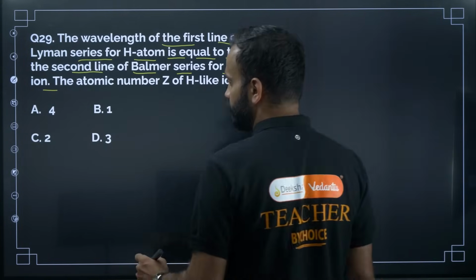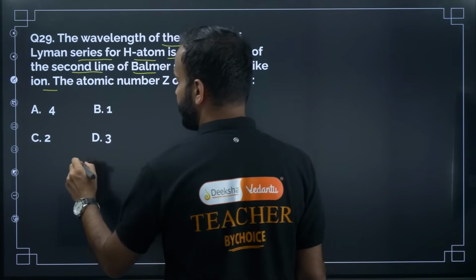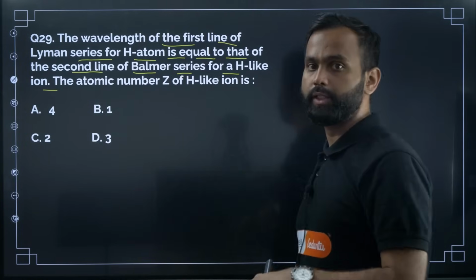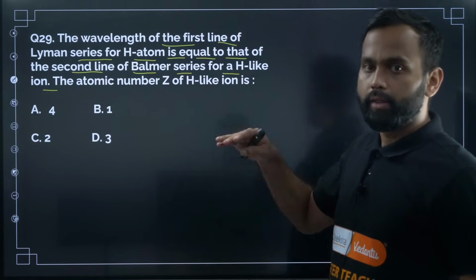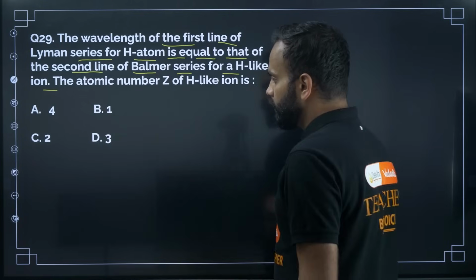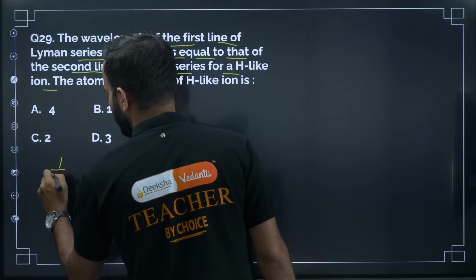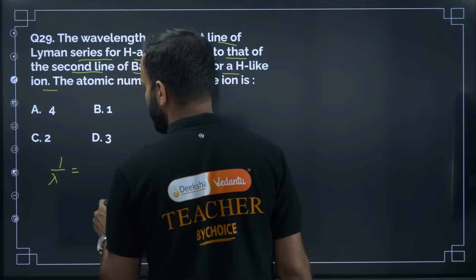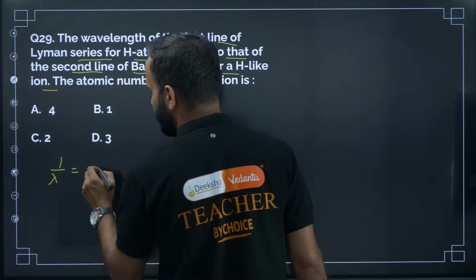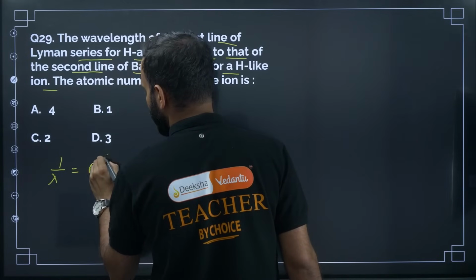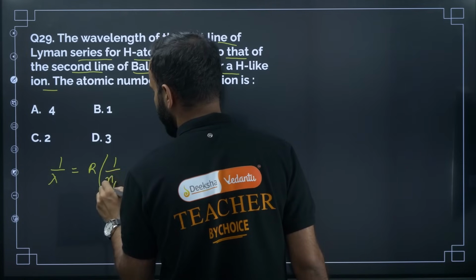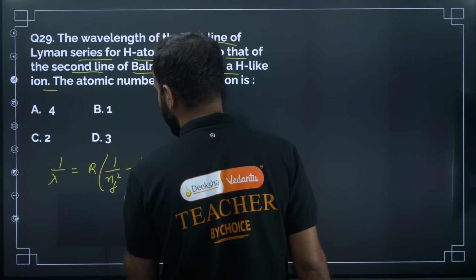So we know that when electron makes transition from higher energy level to lower energy level, what happens? The photon will emit, right? So we know that 1 by lambda is equal to, in hydrogen atom, R into 1 divided by Nf square minus 1 divided by Ni squared.